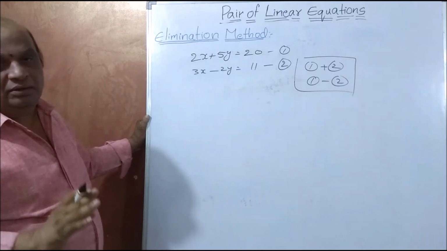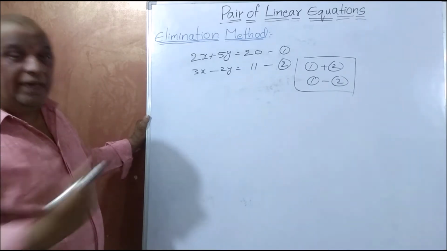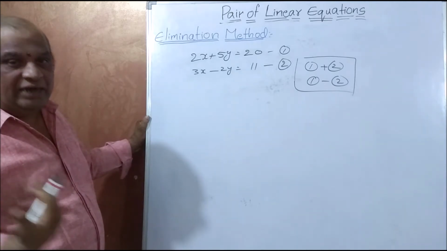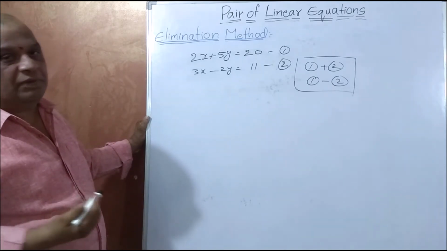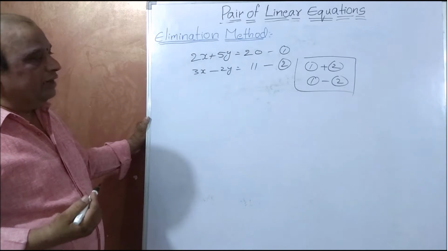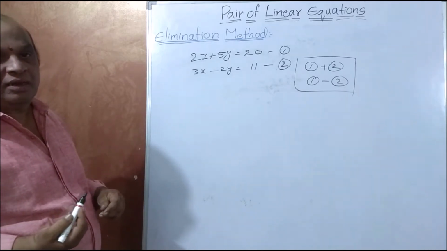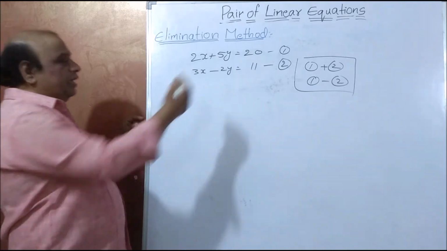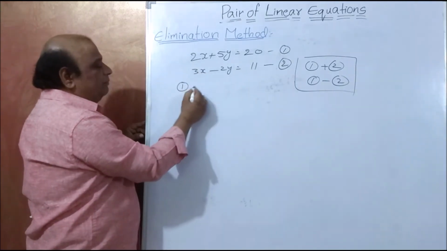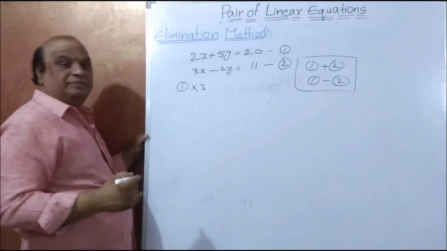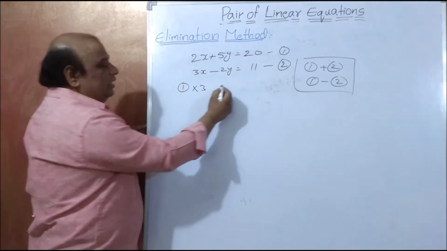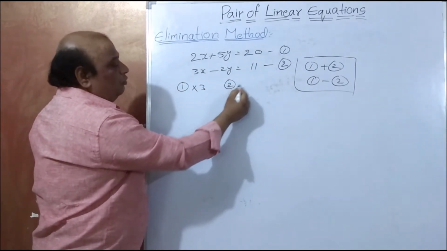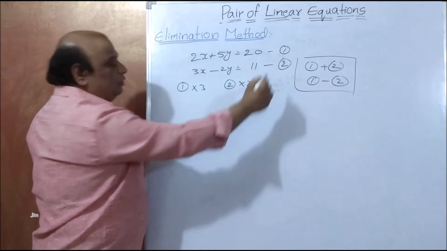They are not equal. Now we have to make them equal. How is it possible? Anyone can guess? Yes, it is possible. Equation 1 we have to multiply by 3 and equation 2 we have to multiply by 2.